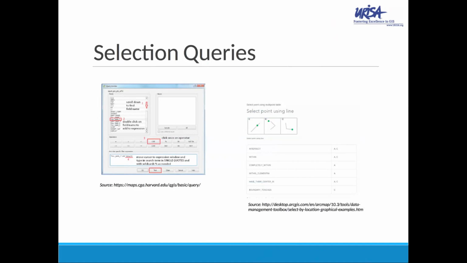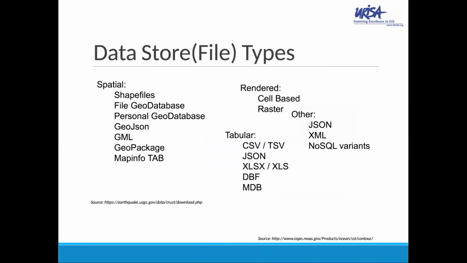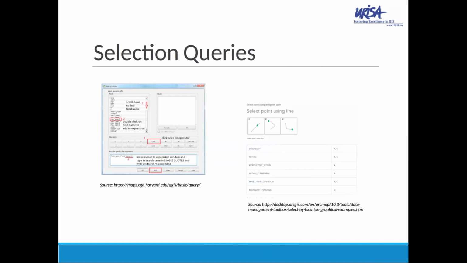When making selections, the way you would do it in QGIS, in ArcGIS, doing it in Python, doing it in SQL, they all have similarities. They all have methods that will enable you to get to the same outcome, but they have slightly different idiosyncrasies in how you format the query.